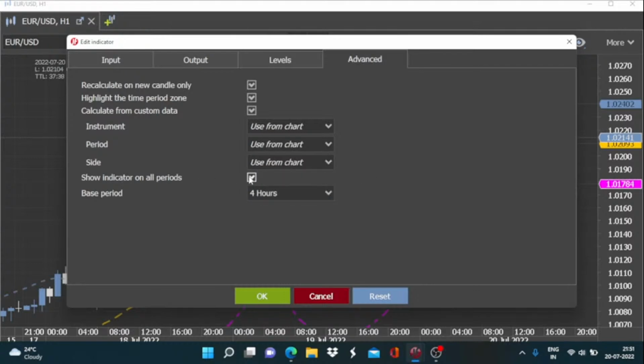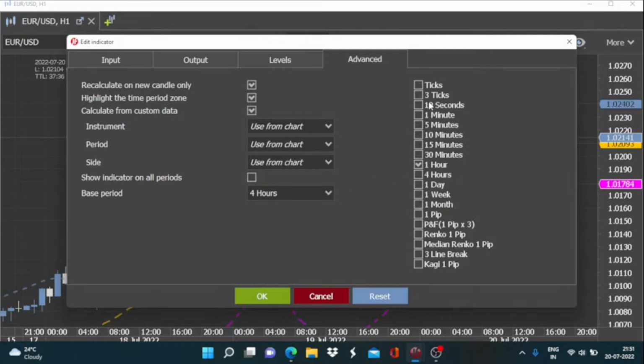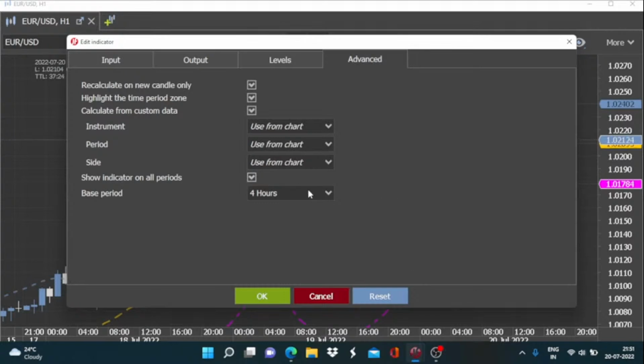All right, if we uncheck this box, then we have to specify on which candle period the plotting should be done and on which it should not. So you simply have to check this box and only on that candle period will the plotting of the indicator be done. Then for the base period option, we have these four options from which you can choose the best period for the plotting of the chart.